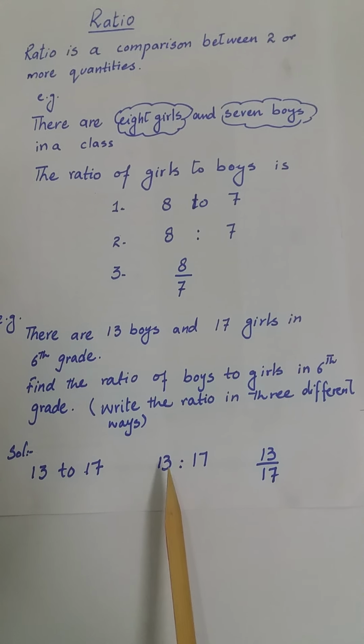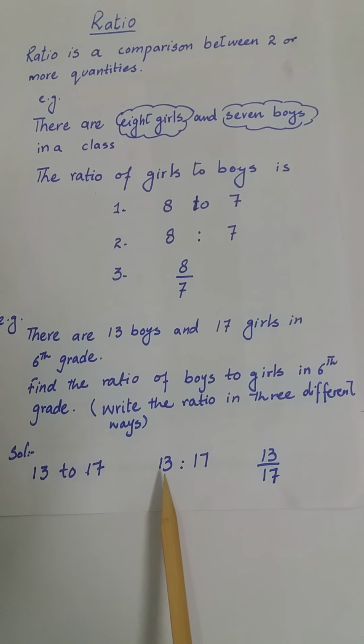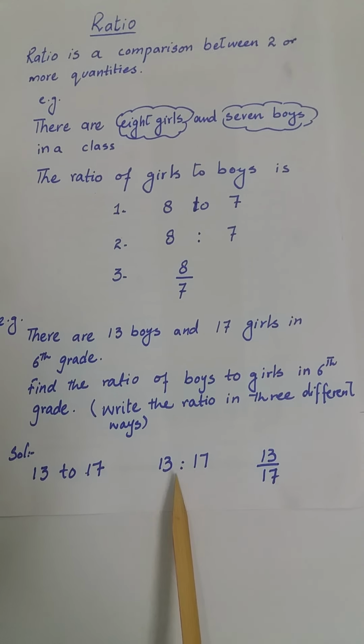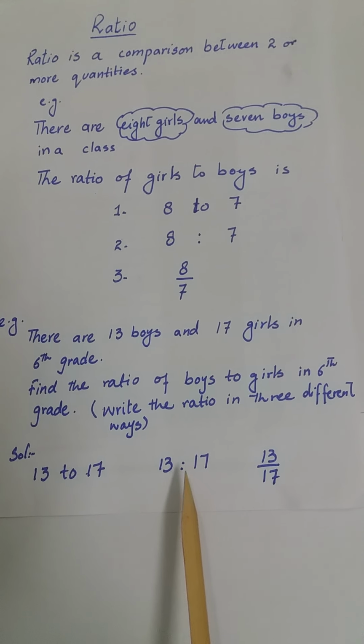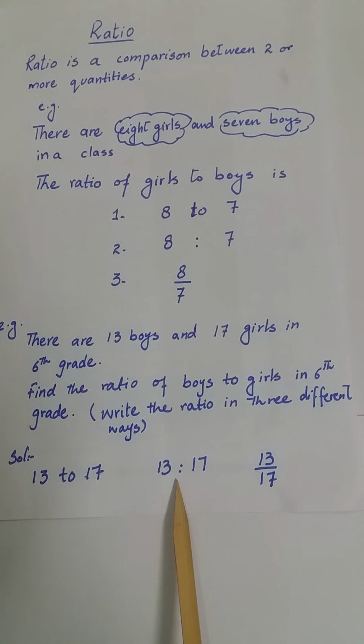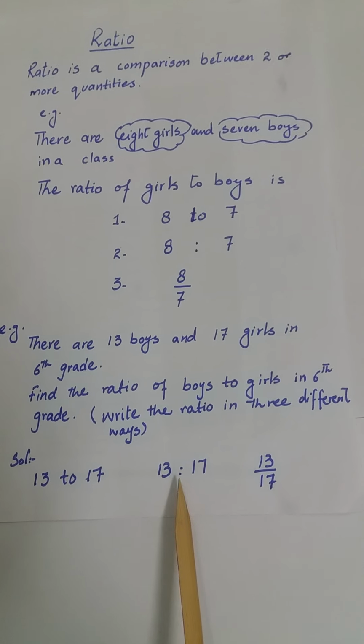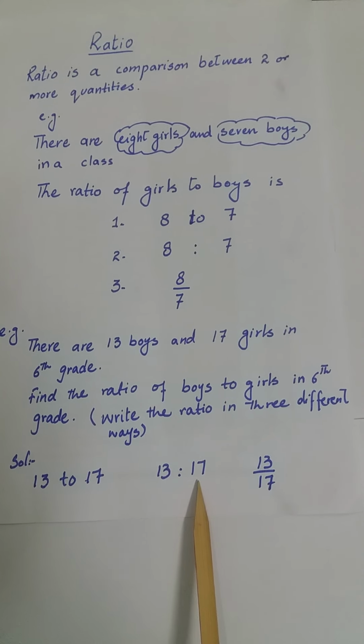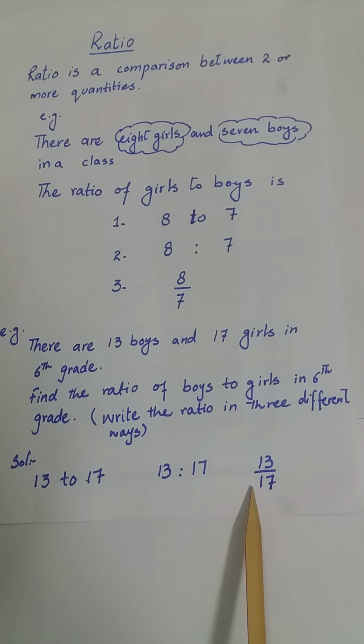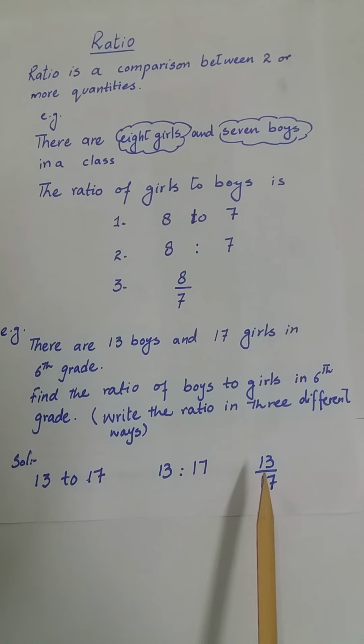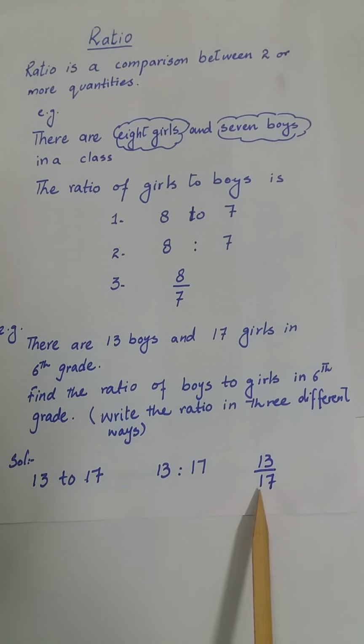Second method, using a colon sign, 13 colon 17. You can read it as 13 ratio 17. The third form to write the ratio is a fraction form, that you can write 13 by 17.